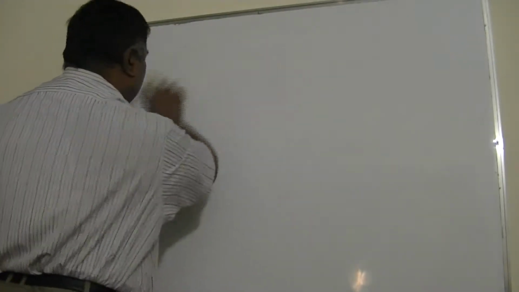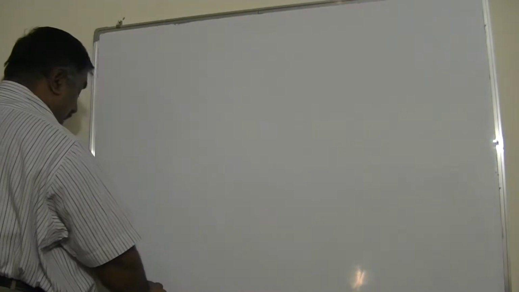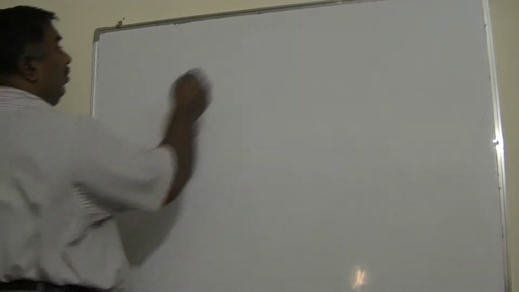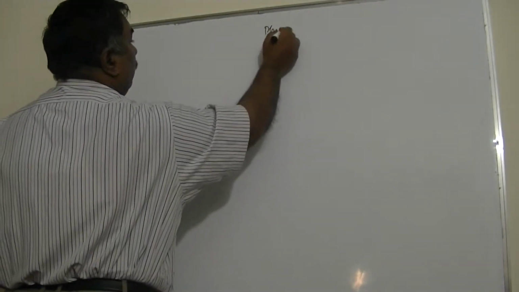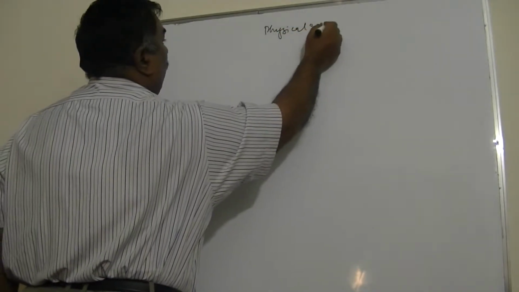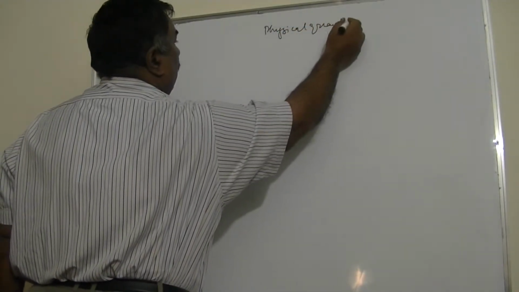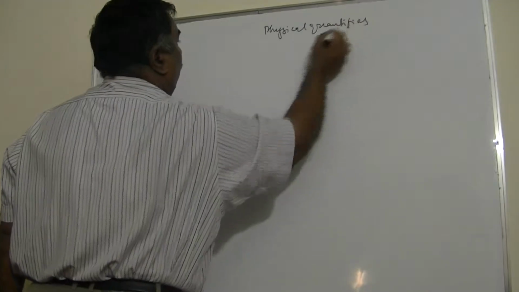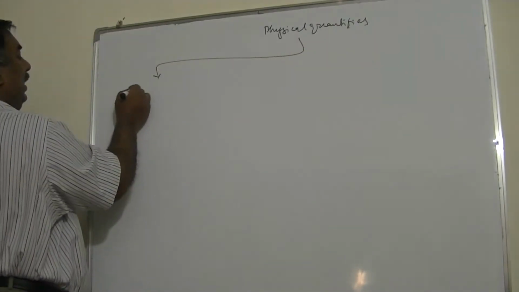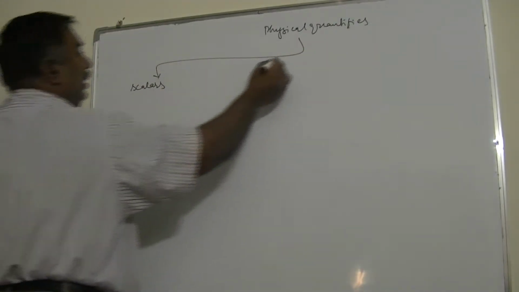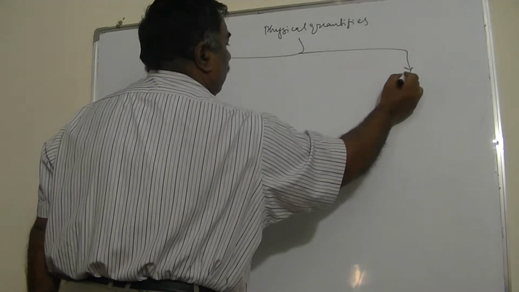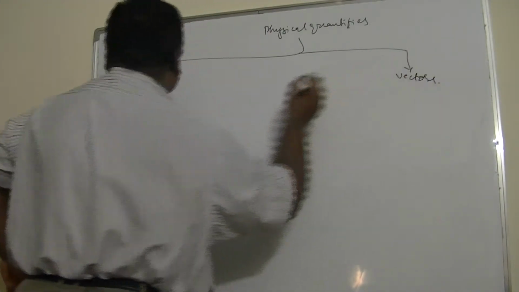Now physical quantities are of two types. One are the scalars and the other ones are the vectors. What are the scalars?